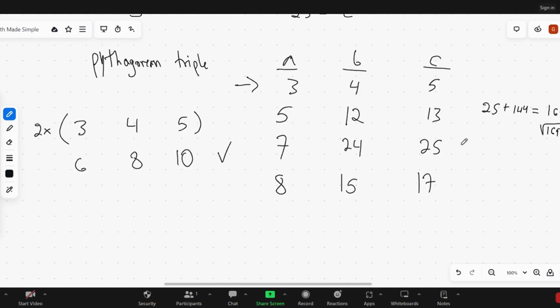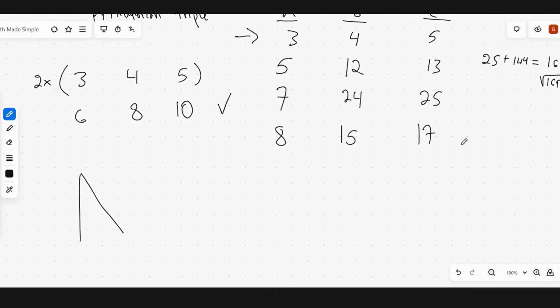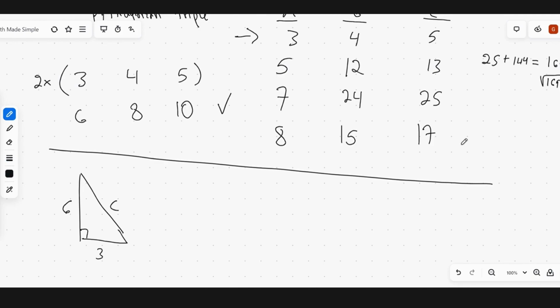So let's do another couple of quick examples. We have a triangle here where we have side lengths of 3 and 6. What is the side length C? Well, we can go back to our equation, a squared plus b squared equals c squared. So 3 squared plus 6 squared equals c squared.